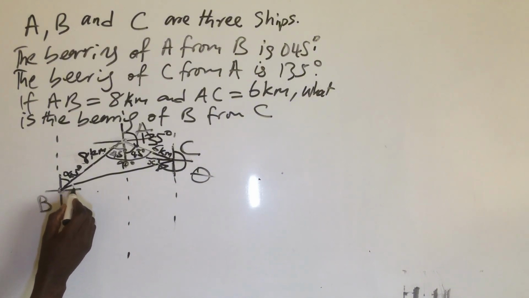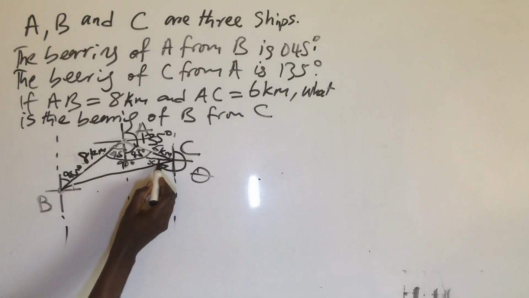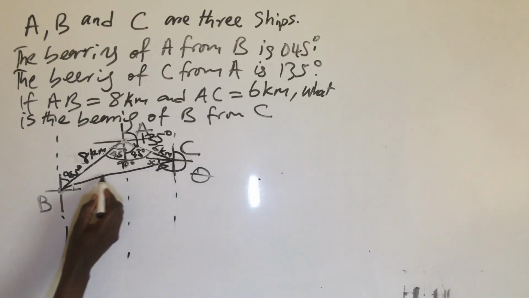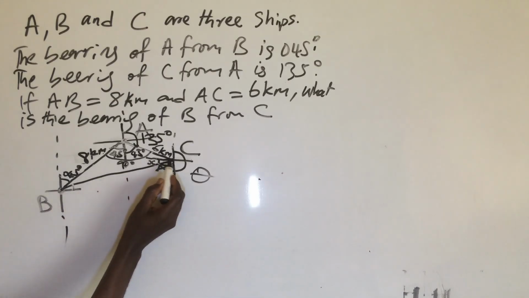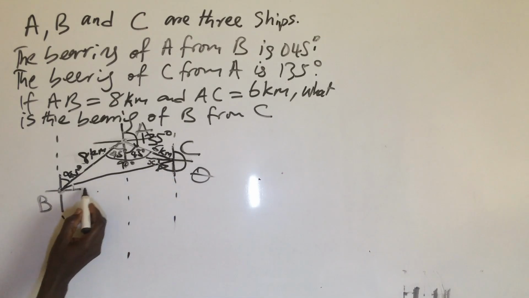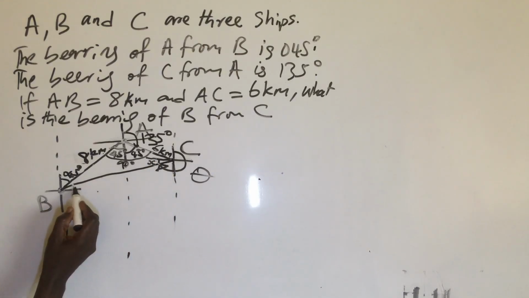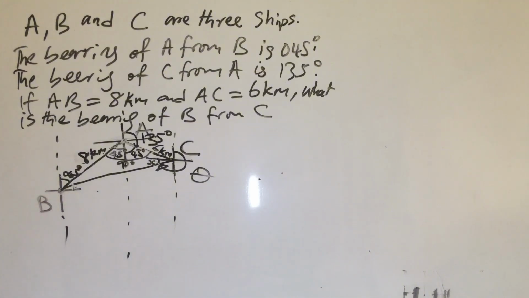The angle that is here is equal to the angle that is here, okay? Look at it, an alternate angle has been formed here. It formed a kind of letter Z. So the angle here will be equal to the angle here. Reason: alternate angles. Please check Angles on Parallel Lines, which I have treated on this channel or page, all right?